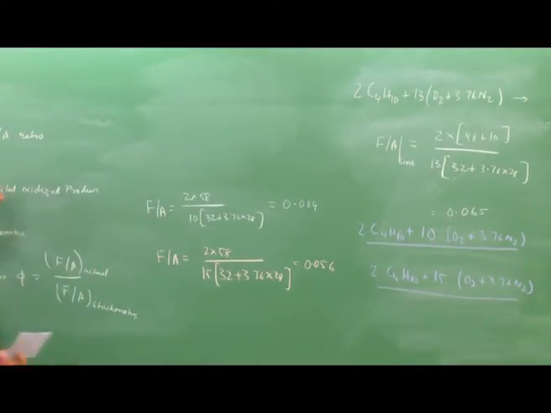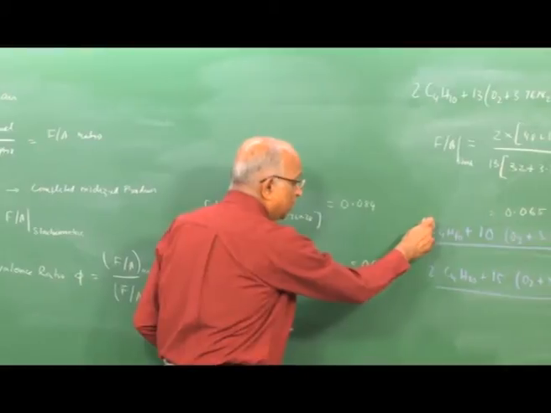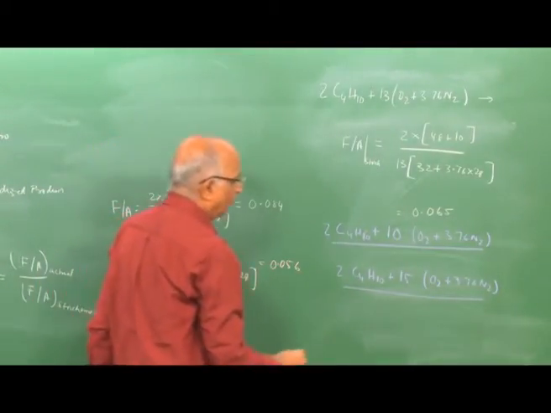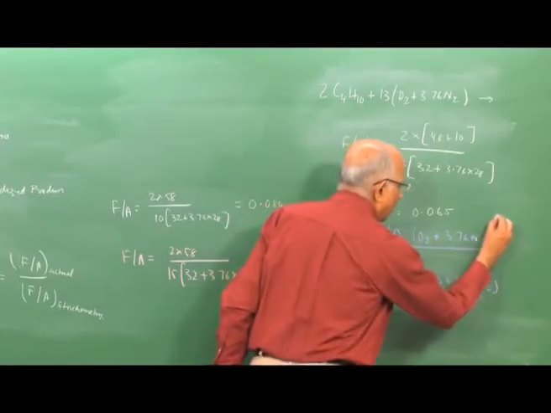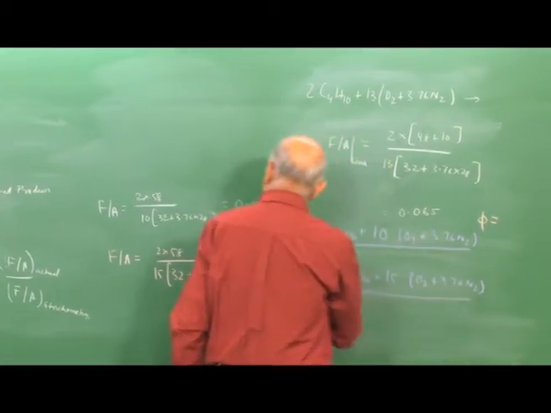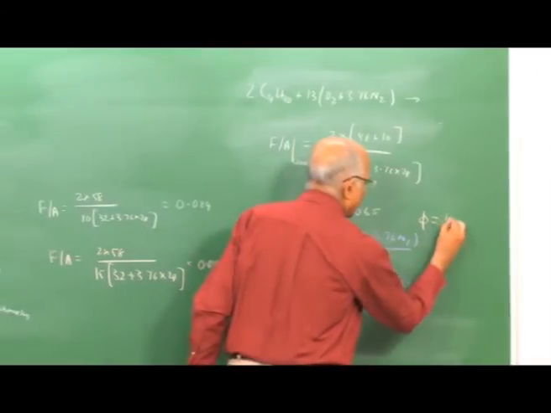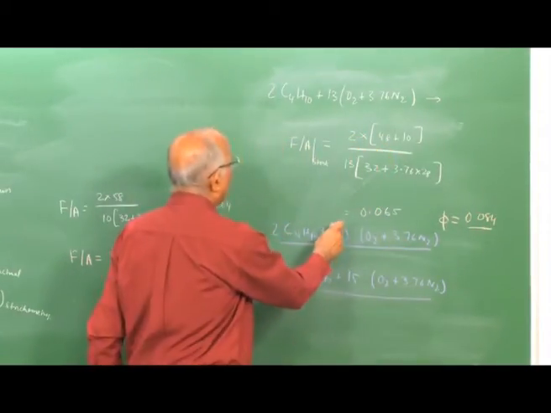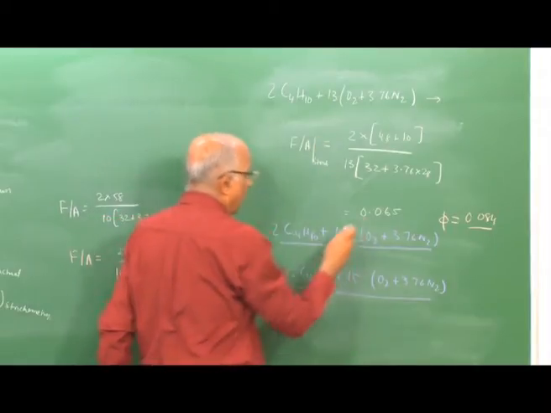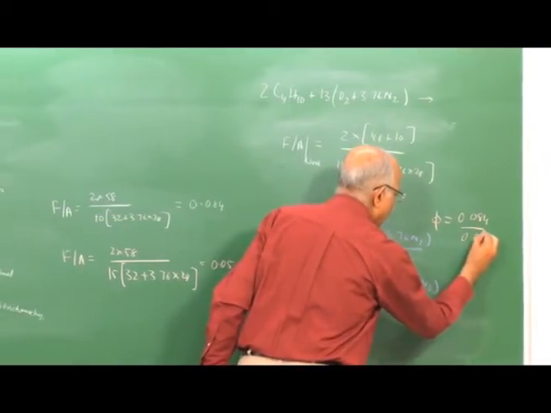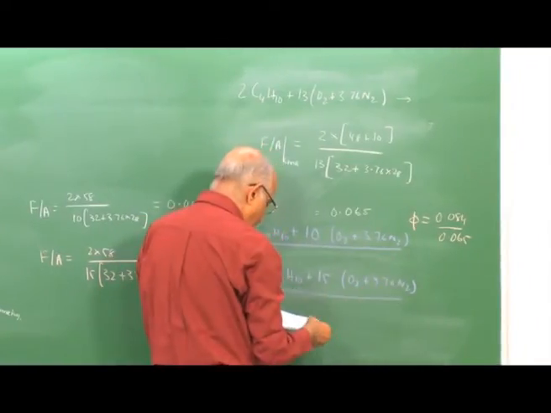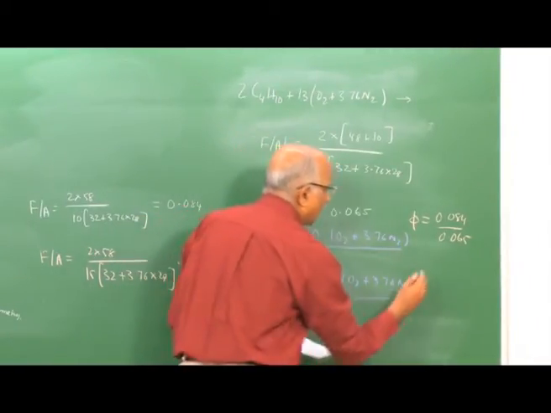Therefore, in this particular reaction, what is the value of the equivalence ratio? Phi is going to be the value of the actual fuel air mixture, 0.084. If the reaction was stoichiometric, I should have had 0.065, and therefore the equivalence ratio is going to be something like 1.29.